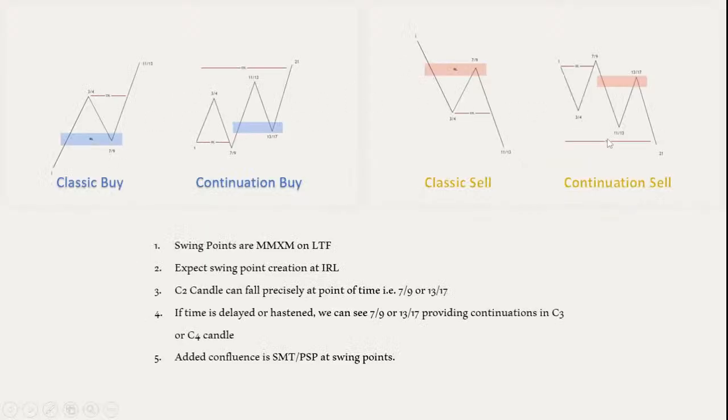So these are classic buy and classic sell models. Let's say price is moving in a bullish trend, then a fair value gap created is IRL, and then ERL is the weak high or old high in a bullish trend.